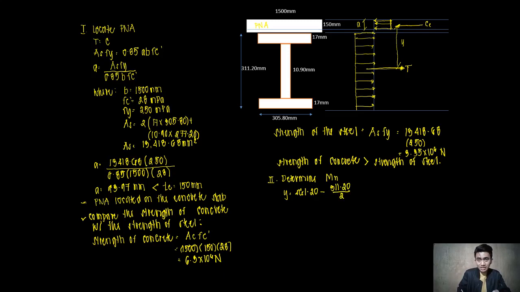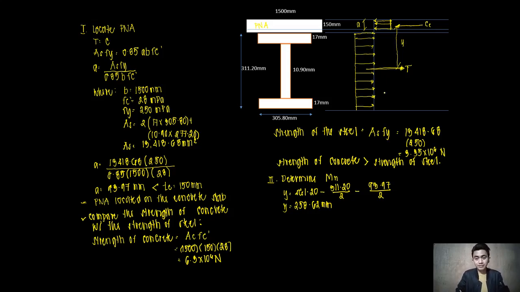Then what else? Subtract it by half of A, right? So I will have here minus 93.97 all over 2. Now substituting those values on your calculator, I will now have a value for y, which is equal to 258.62 millimeters.